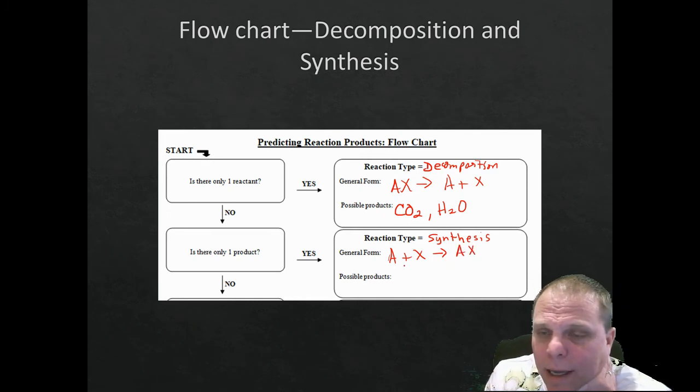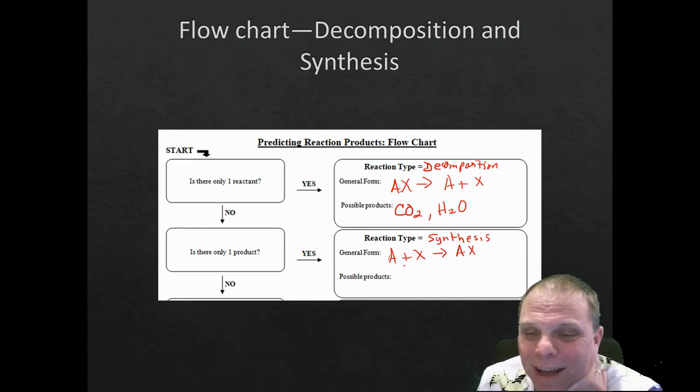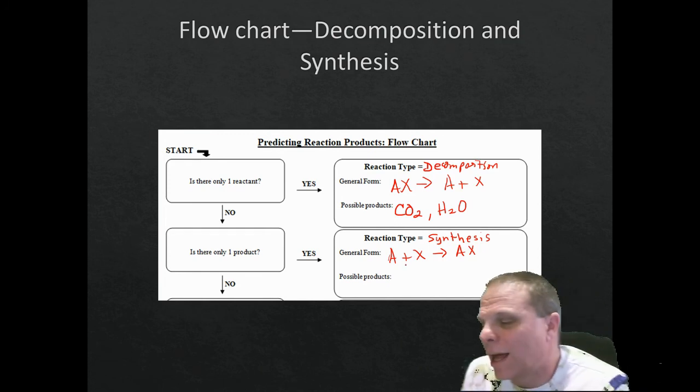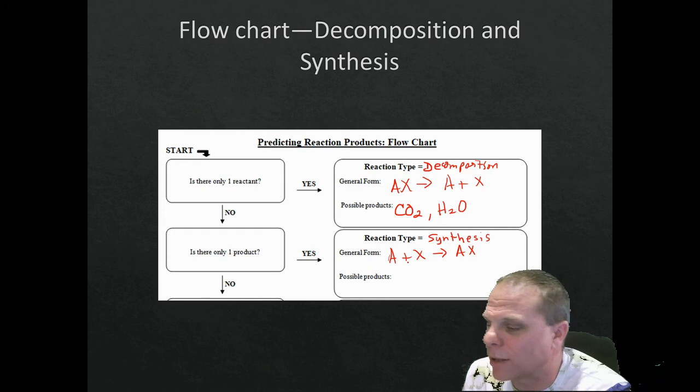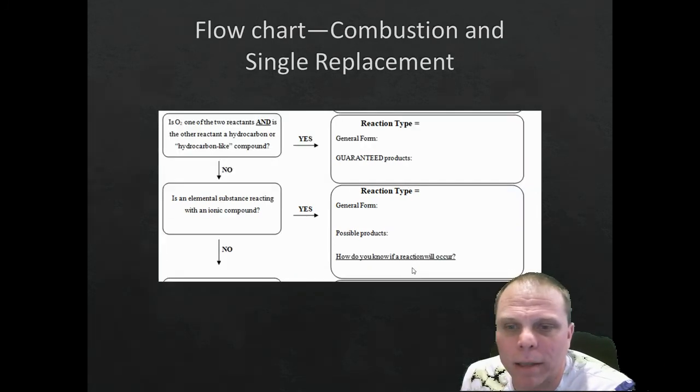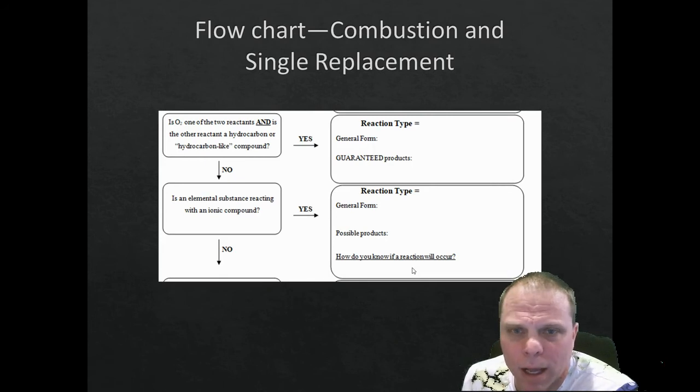Possible products, again, this is not infinite, but it's got very, very many different types of possible products. We're not going to go into exactly what kind of possible products you'd have there. All right, so then let's go into this next one.